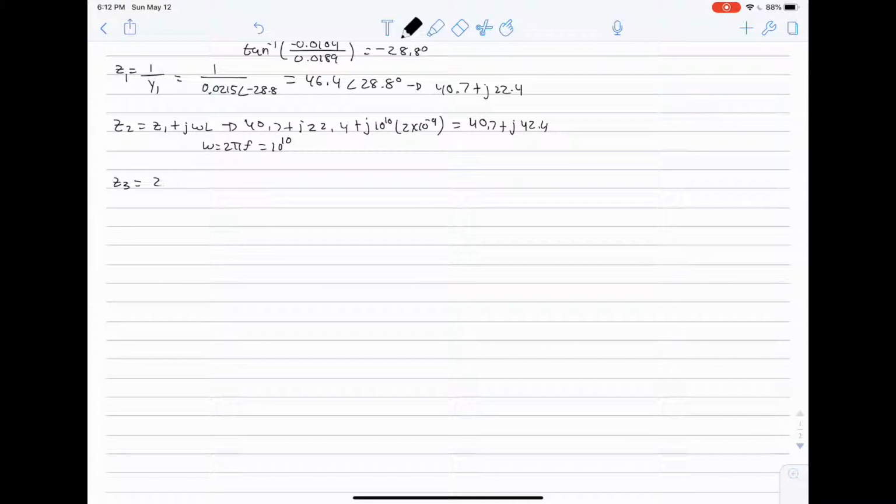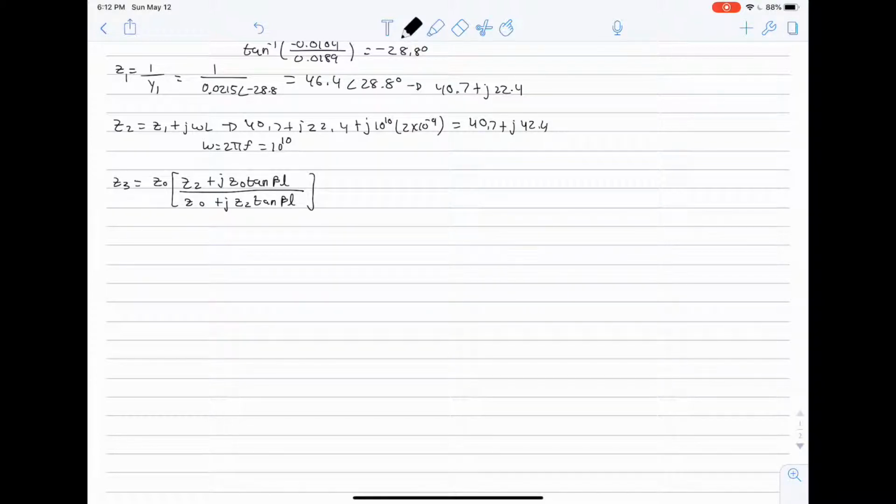We're going to use the formula Z3 = Z0 times (Z2 + jZ0 tan βL) over (Z0 + jZ2 tan βL).